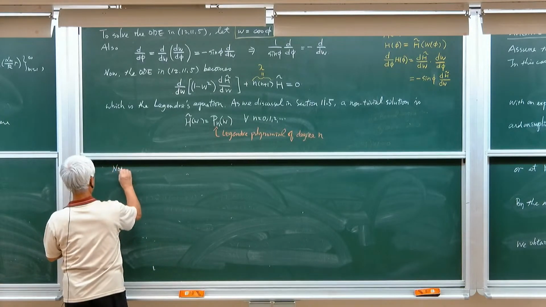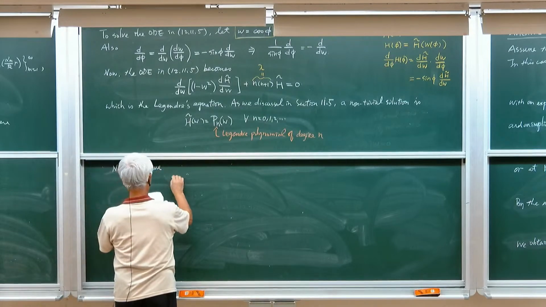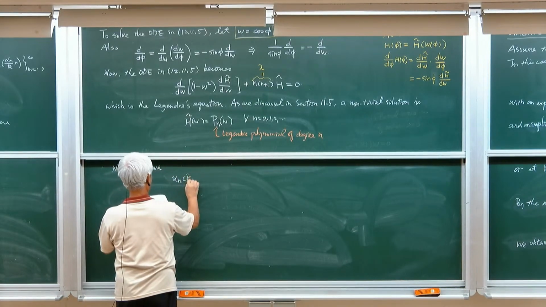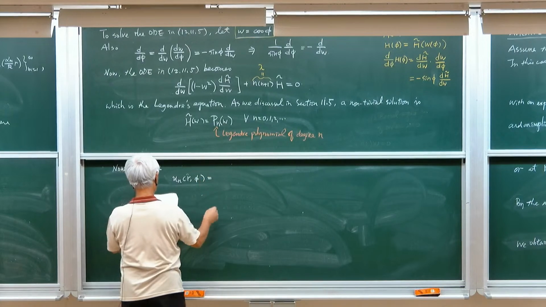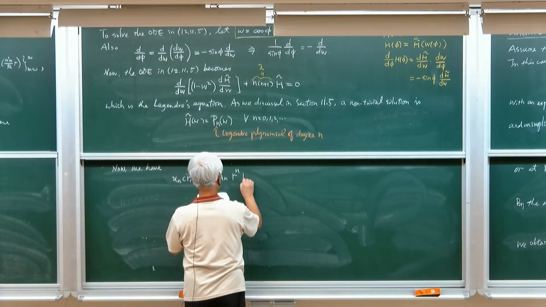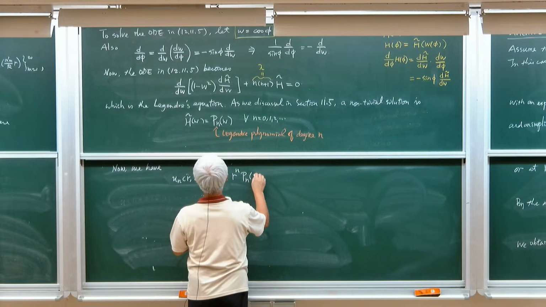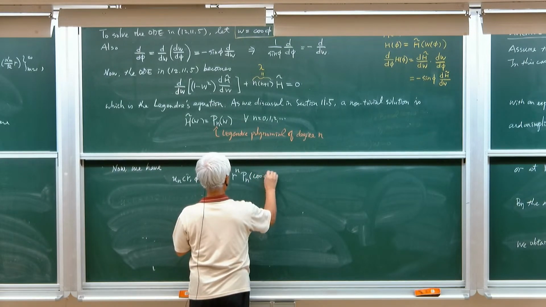Now we have u_n of phi, which is r to the n power and the Pn. Now it's Pn of cosine phi. Okay.